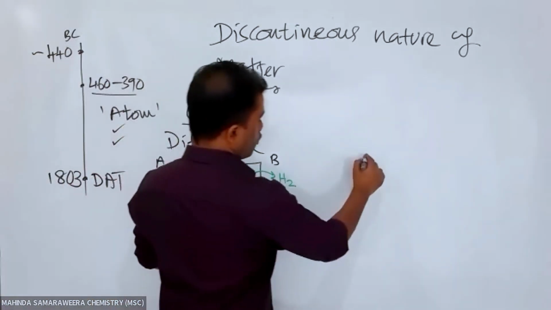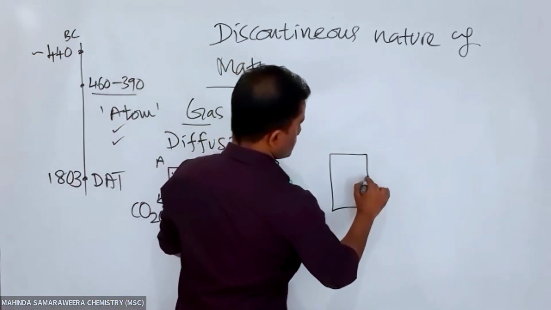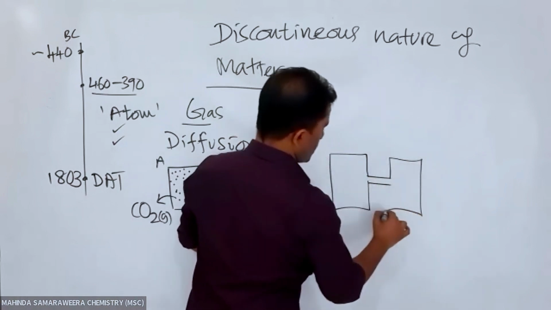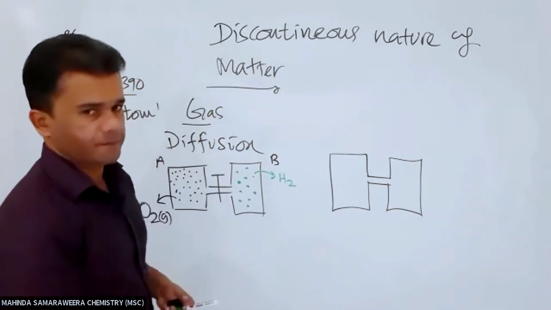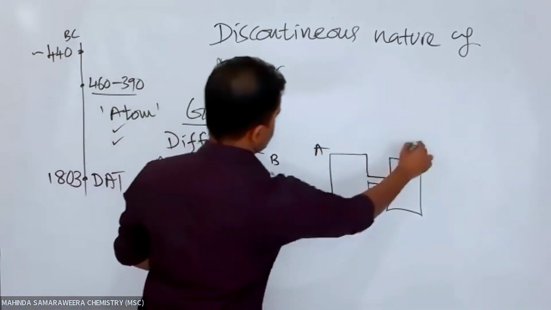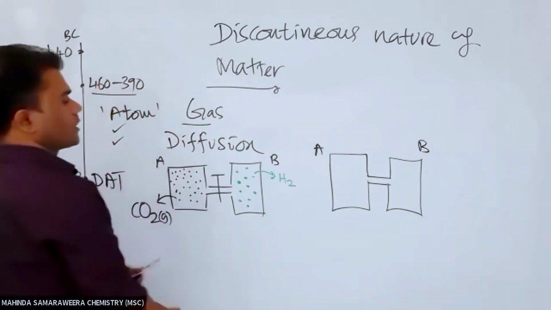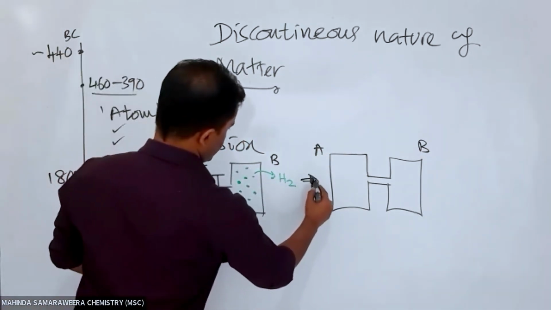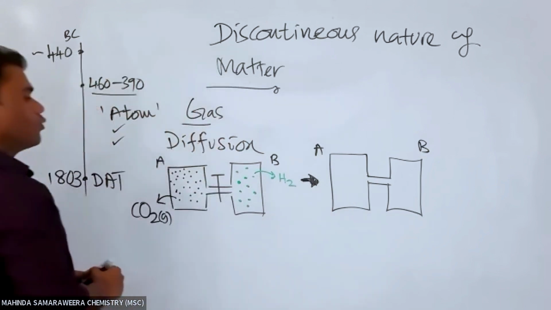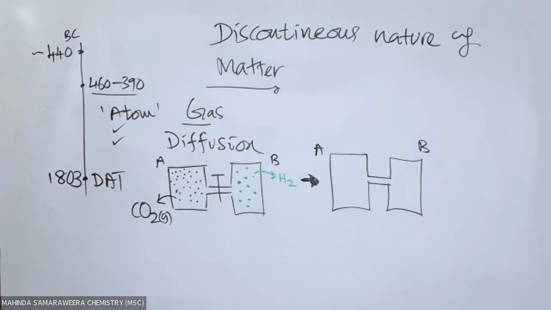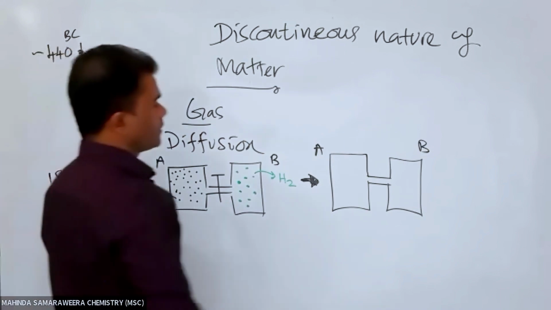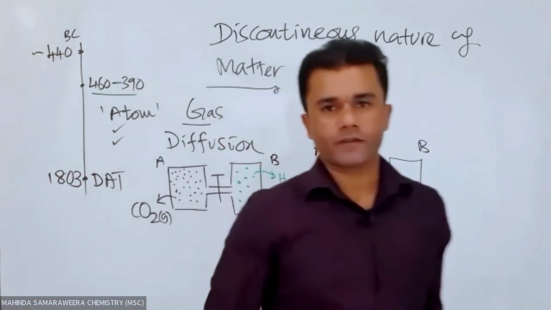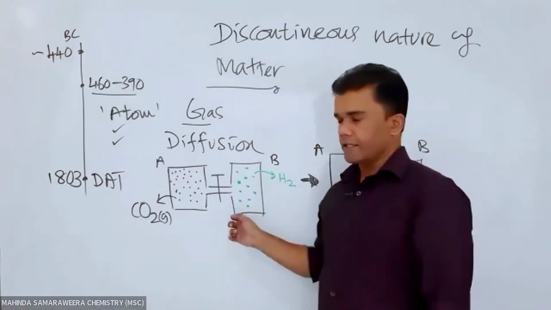What can you observe? Can you tell me which gas particle starts moving first? Generally, is it the carbon dioxide particle or the hydrogen particle? Once you open the tap, can you predict it? Two vessels are there.